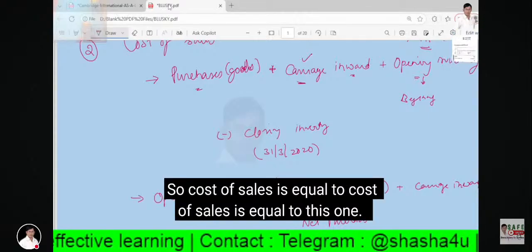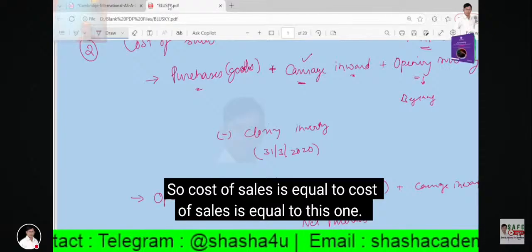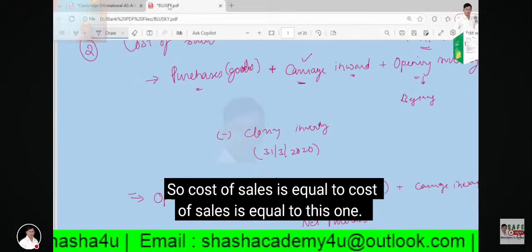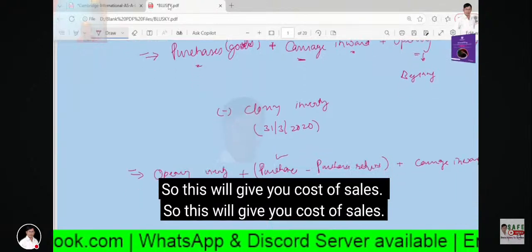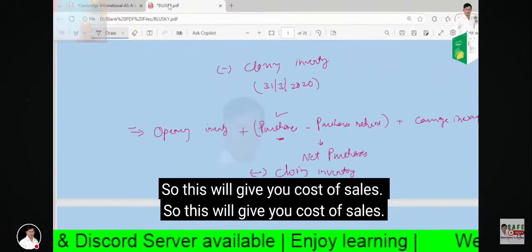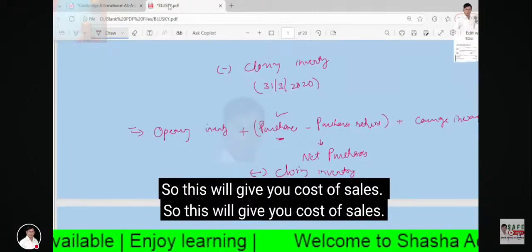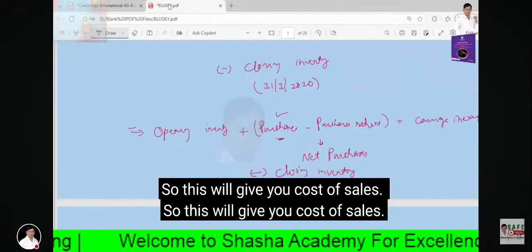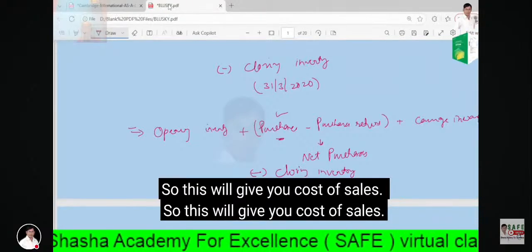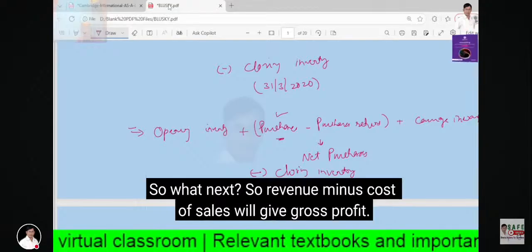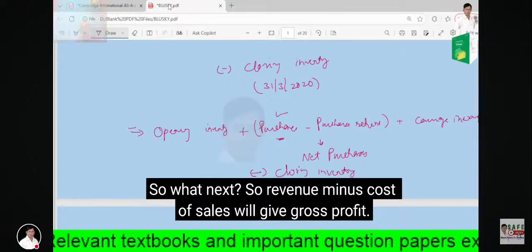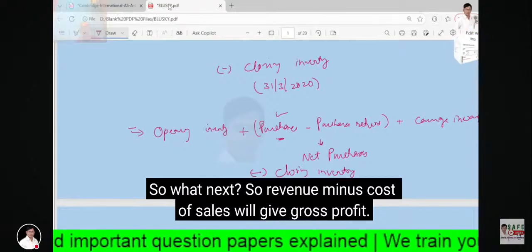This will give you cost of sales. So what next? Revenue minus cost of sales will give gross profit.